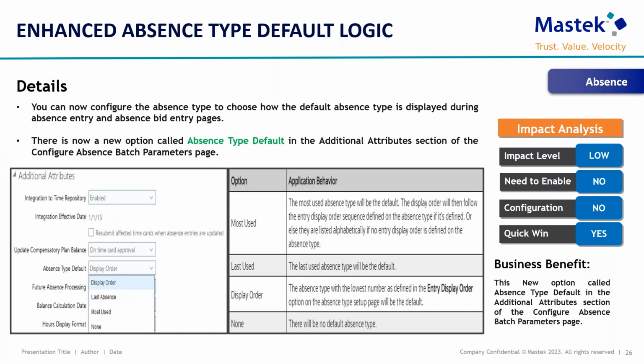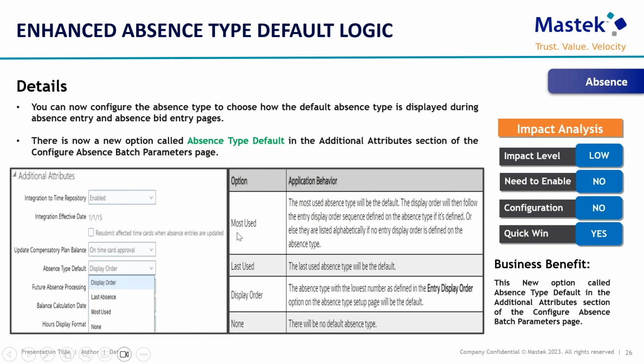Next feature is enhanced absence type default logic. This particular feature allows you to populate a drop down of the absence type for each employee in a specific method. Oracle has introduced four methods here, as you can see on the screenshot drop down. One is called the most used, the last used, and display order. The display order means you can set up a display order for each type, and in that order only the drop down will be displayed.